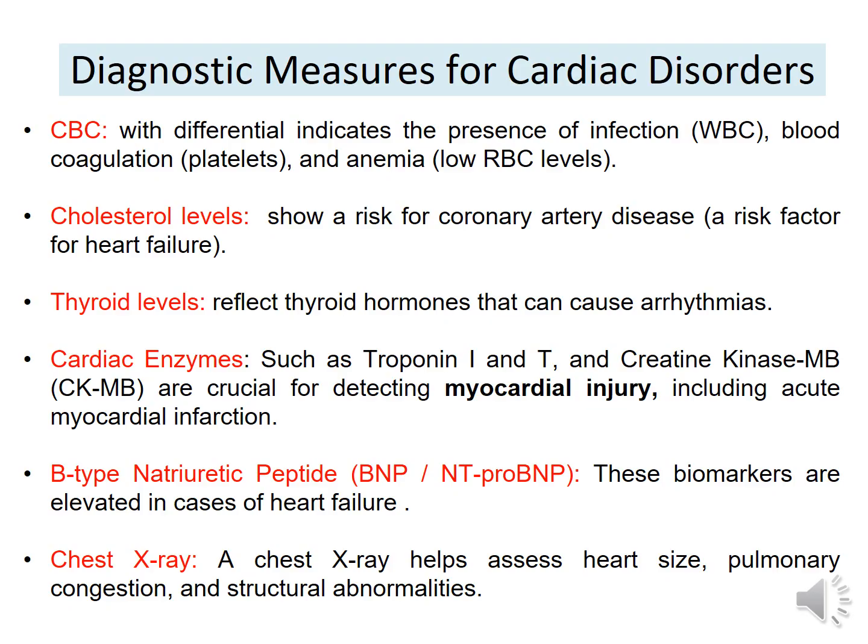Cholesterol levels, meaning lipid profile, show a risk for coronary artery disease and atherosclerosis, or hardening of the blood vessels. Thyroid levels, which are T3 and T4, are responsible for the regularity of the heartbeats. So any disturbance of these hormones causes arrhythmia or disorganization of the heartbeats.